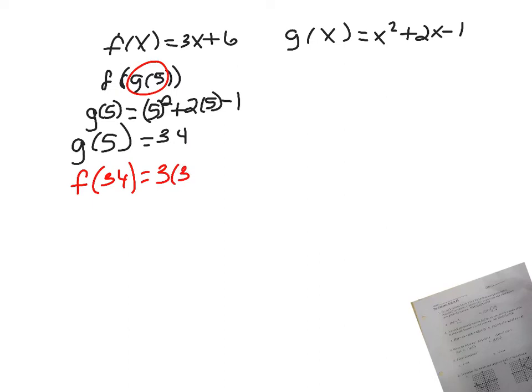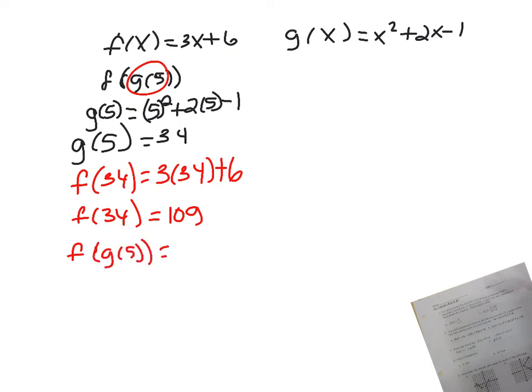Wherever I see an x, I'm going to plug in 34. So 3 times 34 plus 6 is equal to 108. So f of g of 5 is equal to 108. Sorry, that was 108. All right, 3b.